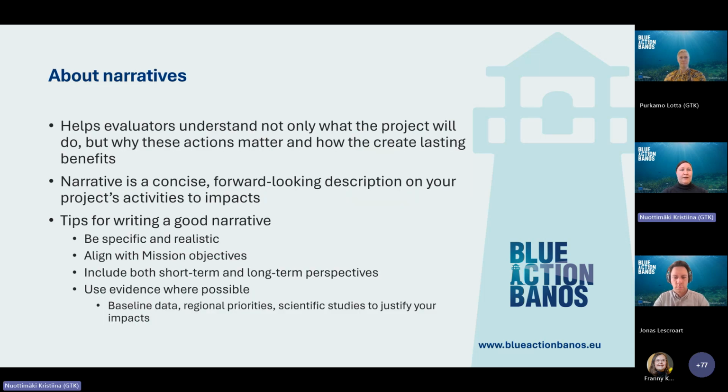And then about the narratives, a few words. The narratives help evaluators understand not only what the project will do in practice, but why these actions matter and how they create lasting benefits. So a narrative is a concise, forward-looking description of your project activities to impacts.